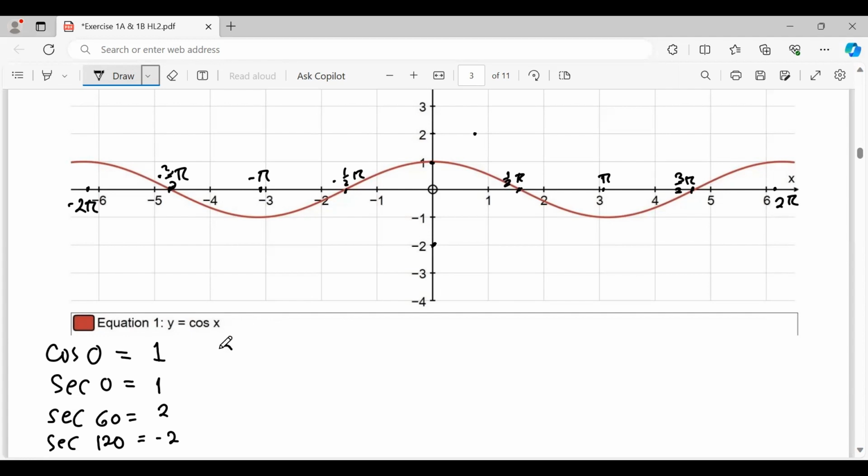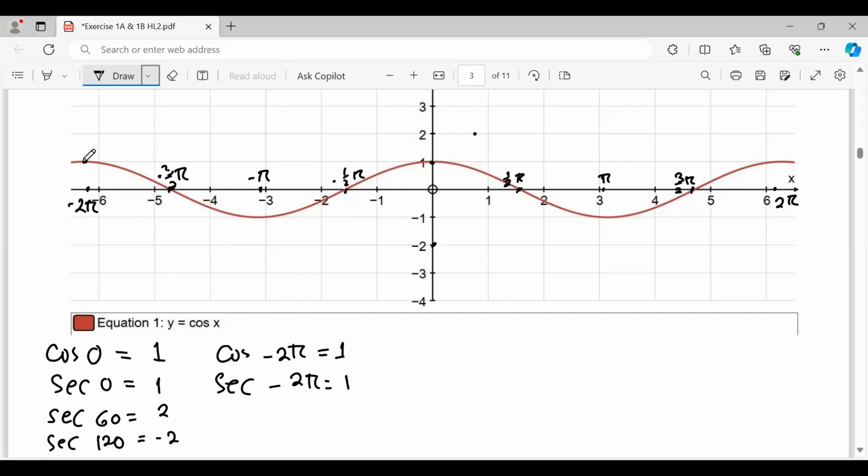And then cosine minus 2 pi equals 1. Cosine is 1. Secant minus 2 pi equals 1 as well.